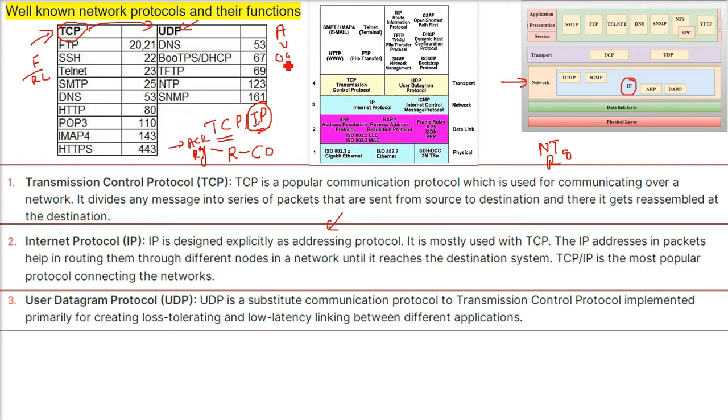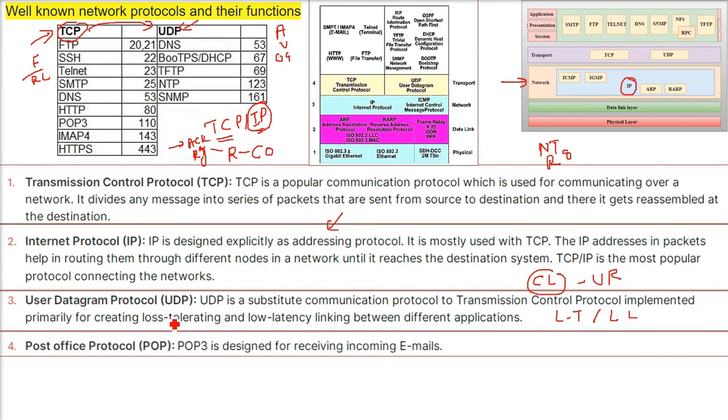See, in online gaming, you don't want any slack, so for that you will use UDP. UDP is User Datagram Protocol. Let me tell again, TCP is Transmission Control Protocol. UDP is a substitute communication protocol to TCP, especially for loss tolerating and low latency links between two parties, or you can say processes or applications.